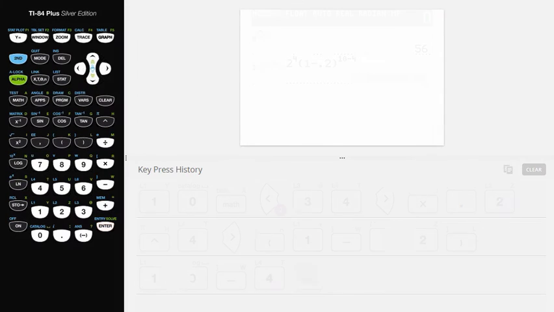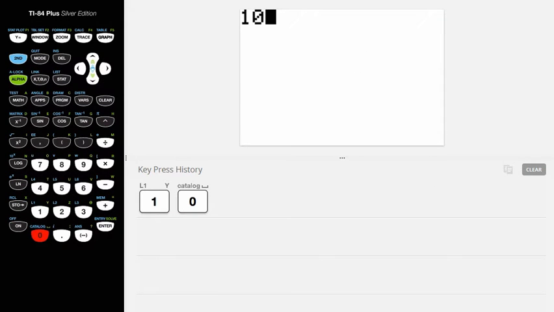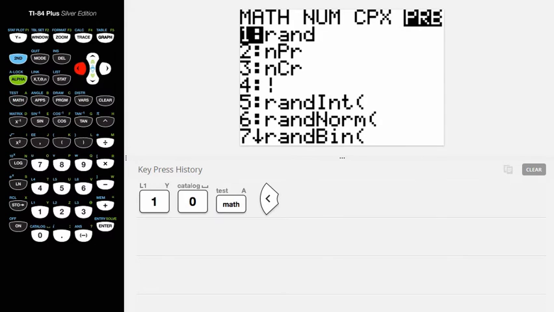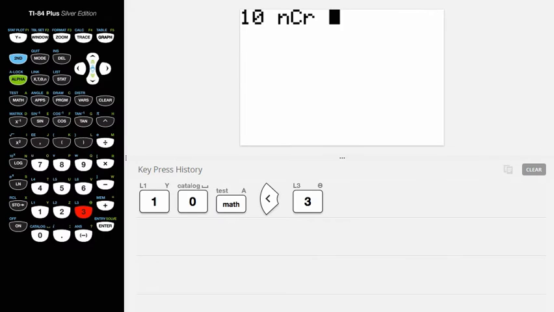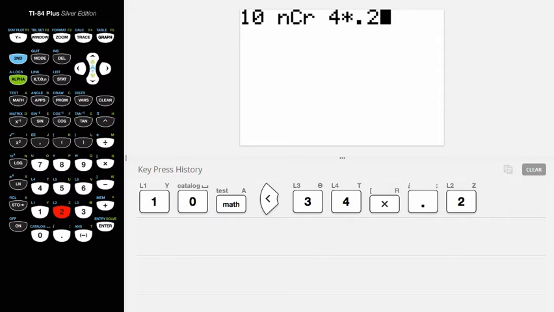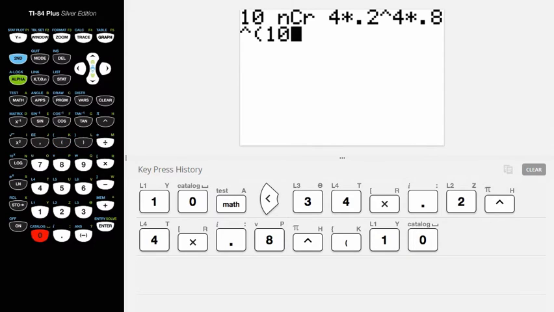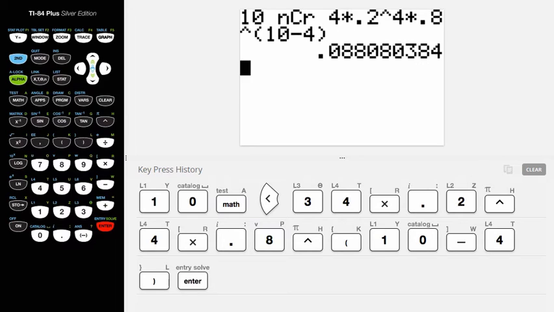If you don't have the Stat Wizard, you will still start with the 10, go to the math menu, probability, nCr, and then type your r, times 0.2, exponent, 4, times, this time I'll use 0.8, exponent, and here if you don't use 6, make sure you put 10 minus 4 in parentheses, and we get the same answer.